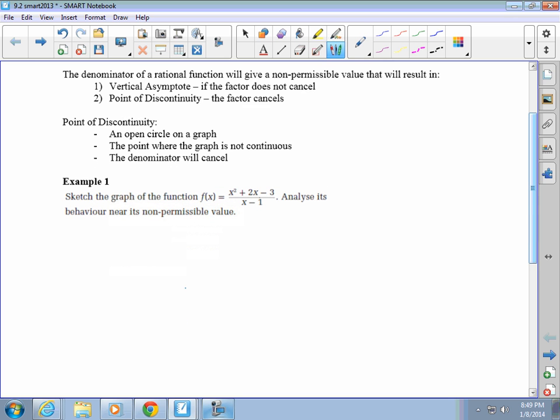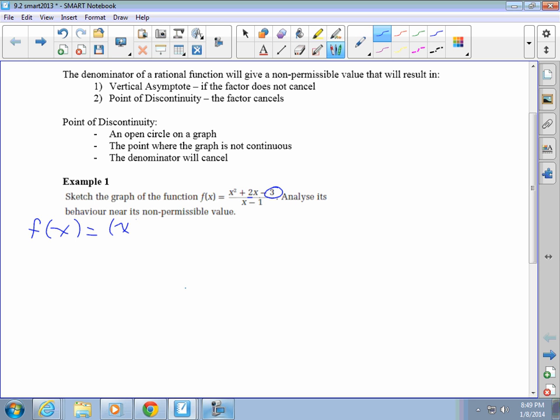So we want to sketch the graph of x squared plus 2x minus 3 all over x minus 1. In order to do that, the first thing we have to do is factor where we can. So f(x) is equal to, this is just a product and sum, product of negative 3, sum of positive 2.